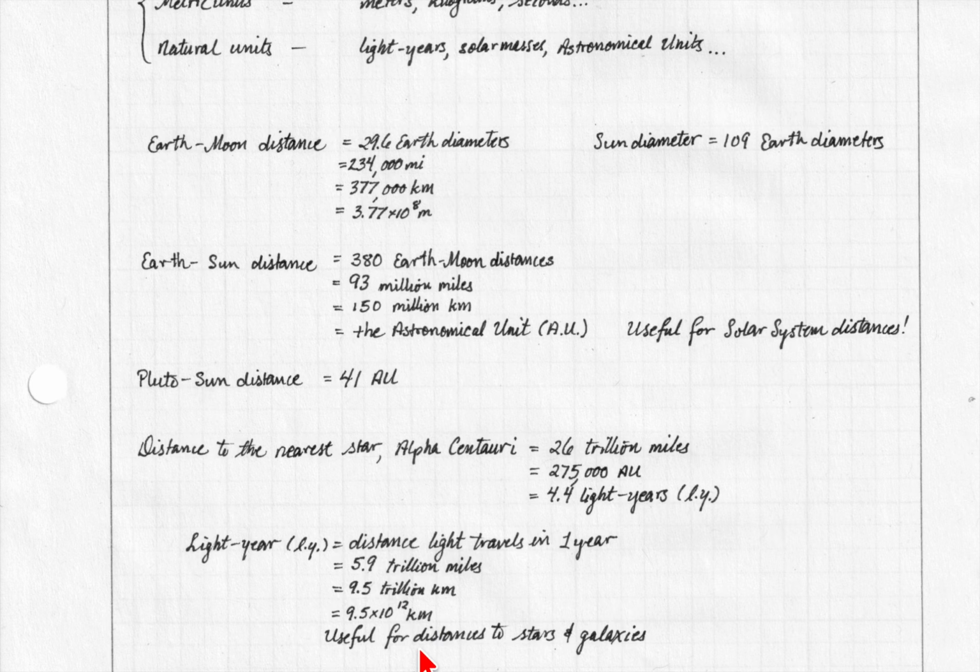So this is the unit of distance that is very useful for measuring distances to stars, or even to galaxies. You'll find as we get farther on, there's even another unit of distance that's a little bit bigger called the parsec, which is about 3.25 light years. But we'll get to that later on.